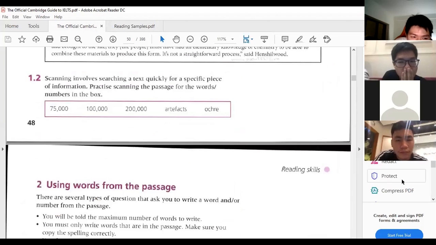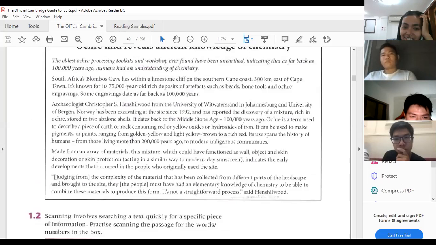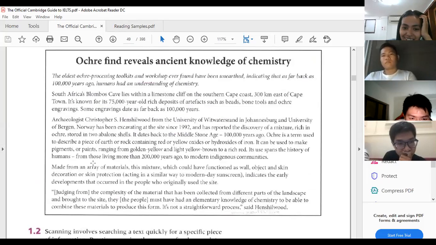Maybe in another paragraph. Here, middle stone age. So we got one answer, like Lane said, engravings, but we need one more.